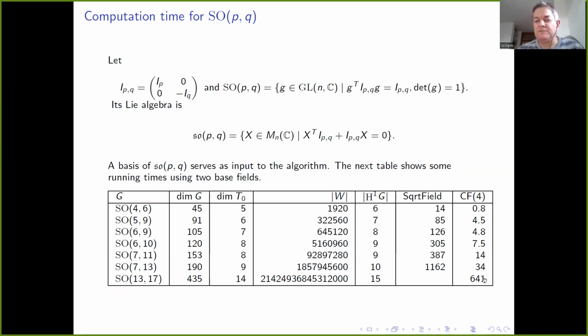And the main running time of this, about 10 or 11 minutes that it takes, goes in computing the action on this 2 to the power 14 elements. So for each generator of the group and for each of the 2 to the power 14 elements, it needs to compute the image. And that takes a bit of time. Once that's done, it goes very fast.